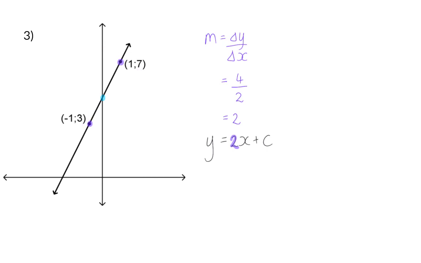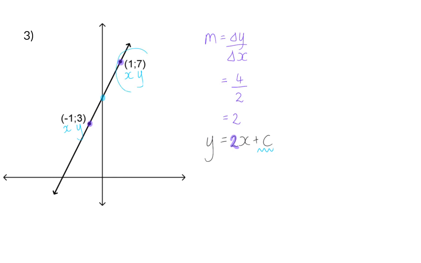Next up, we need to determine the c value, which means we now have only one variable to solve. Even though x and y are also variables in the equation, we can, just for the moment, substitute them with actual values. I can do this because every single coordinate on this line represents a specific x and y value in the equation. Therefore, I can choose which coordinate I want to use to, for the moment, substitute into the equation.